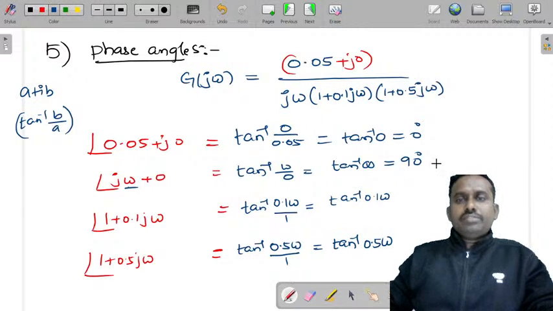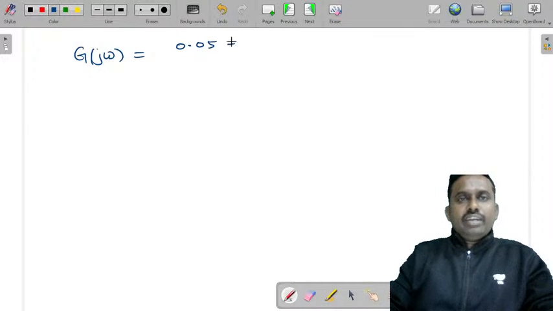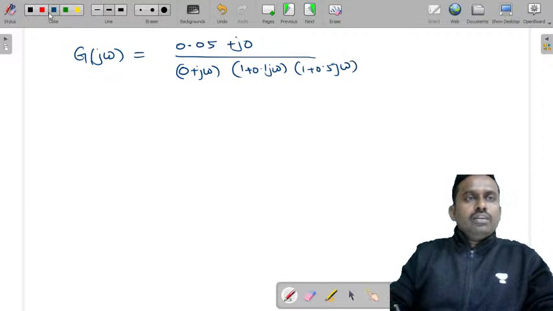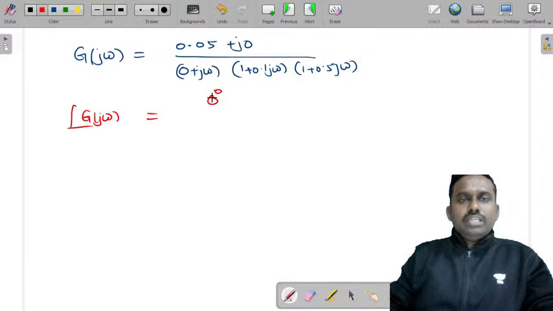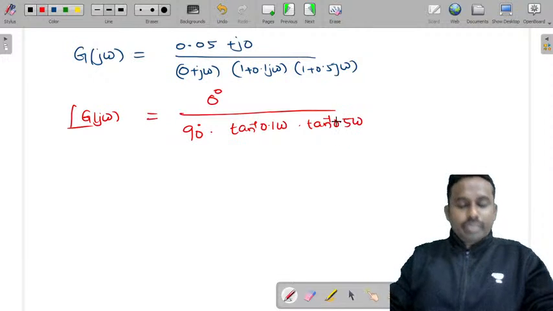Now let's substitute all these values. G of j omega is equal to (0.05 plus j0) by (0 plus j omega) into (1 plus 0.1 j omega) into (1 plus 0.5 j omega). Now angle of G of j omega is equal to angle of this, 0 degrees, angle of 0 plus j omega, 90, and tan inverse 0.1 omega and tan inverse 0.5 omega.